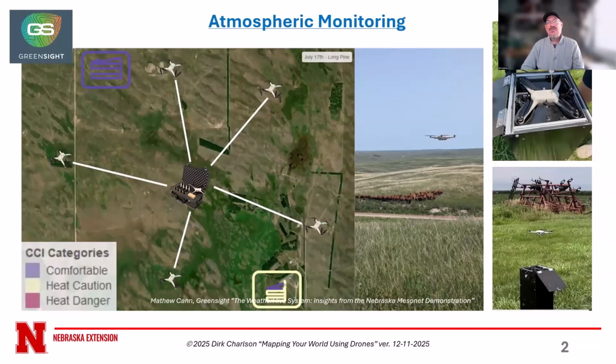These drones were flown over pastures, collecting information. You'll notice on the right there's a box, and in that box is a drone. There were multiple drones, stacked on top of each other, and they basically came out like a Pez dispenser, went out, did their thing, and then came back.